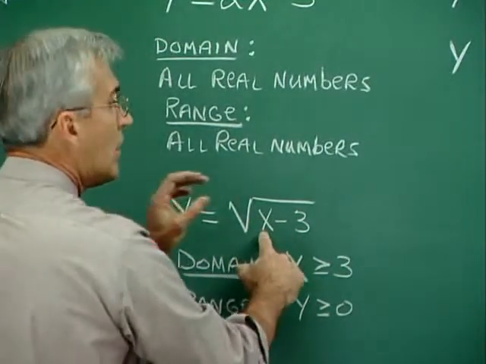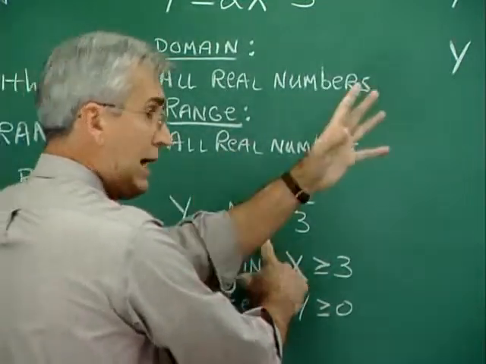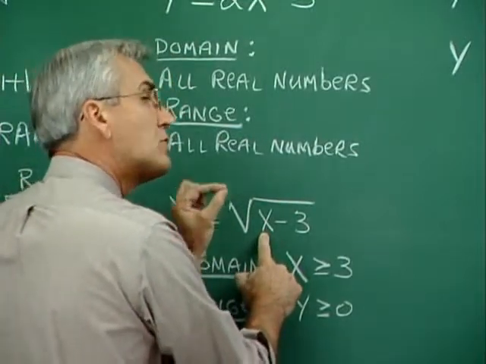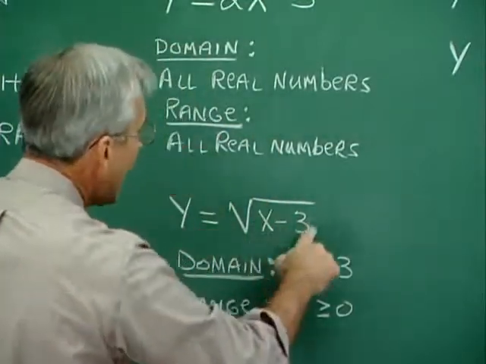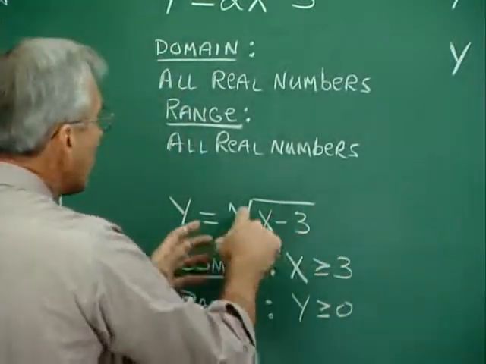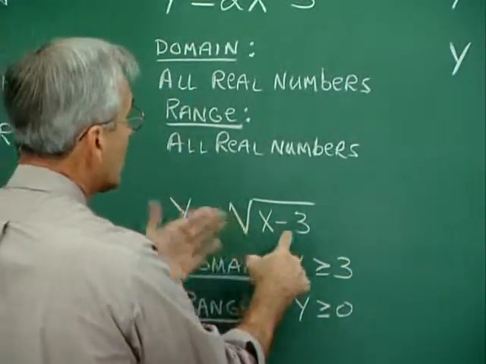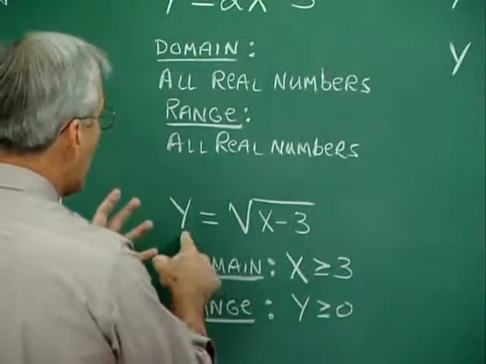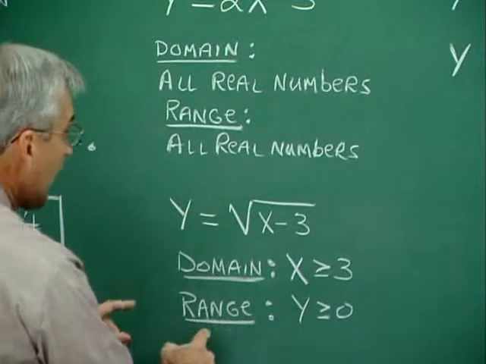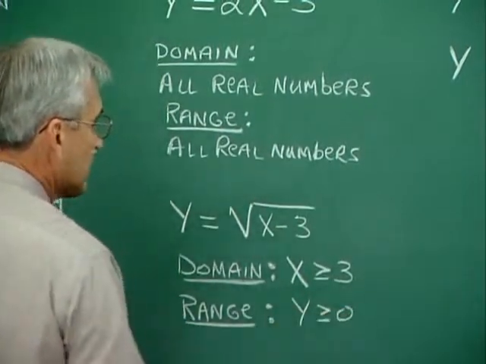When x takes on values 3 and greater, the radicand is 0 and all positive numbers. What do we get when we take the square root of 0 and all positive numbers? Well, y would be positive, or 0. So the range is y values greater than or equal to 0.